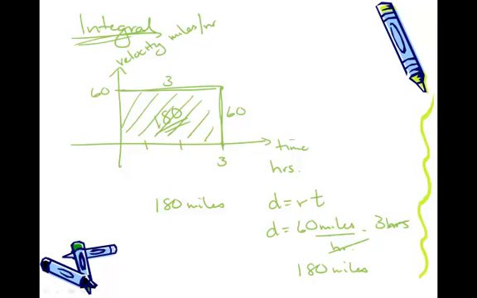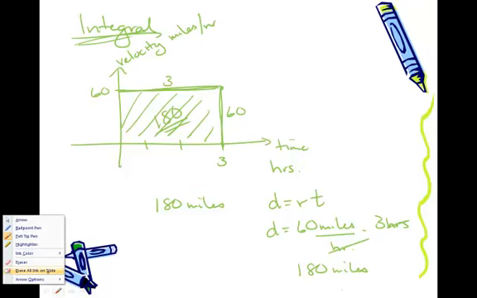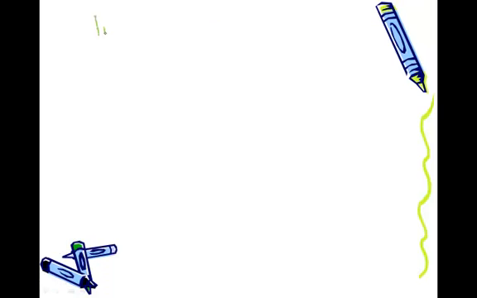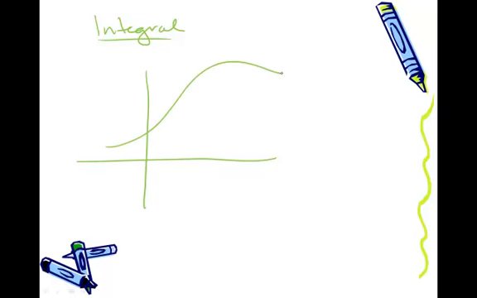So that works great when we're talking about a constant rate of speed, a constant of 60 miles per hour. But when we are talking about calculus, we're talking about curves, and you will see that the integral will allow us to find the area under a curve.